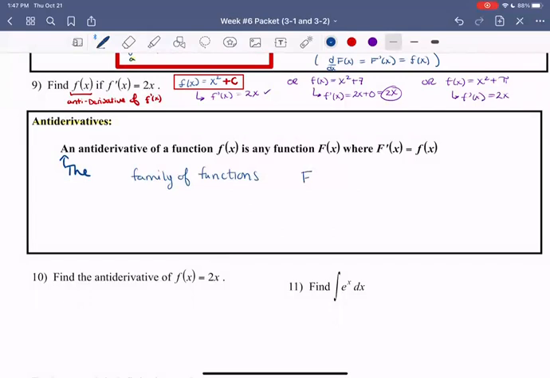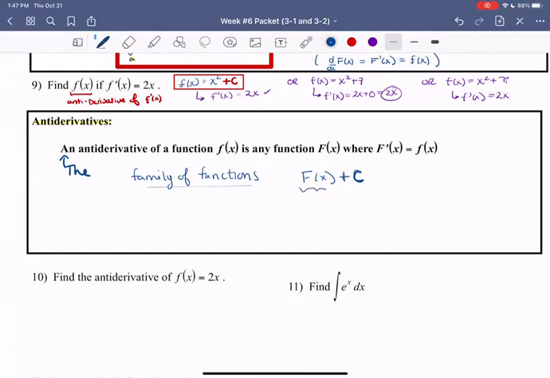So we often write big F of x plus c. So big F is just any antiderivative, but then when we put in a plus c to indicate that we could also be adding any constant, then we look at the antiderivative, and this is called a family of functions. Okay, you won't need to worry too much about that language.